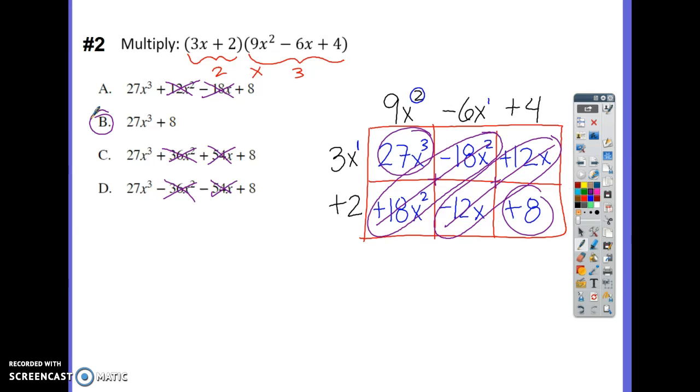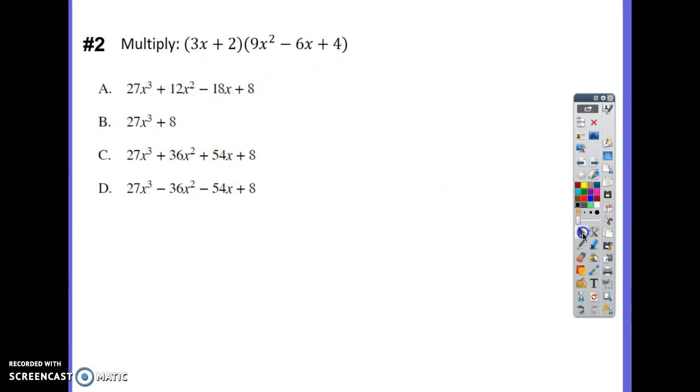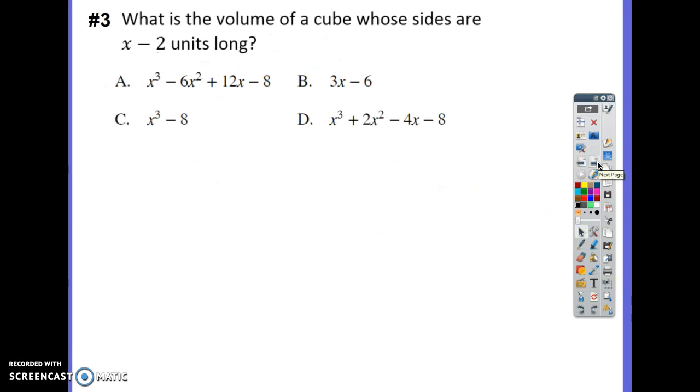Okay, and then let's do one more. It's a word problem. It says, what is the volume of a cube whose sides are x minus 2 units long? Well, if you know something about volume, that's length times width times height.